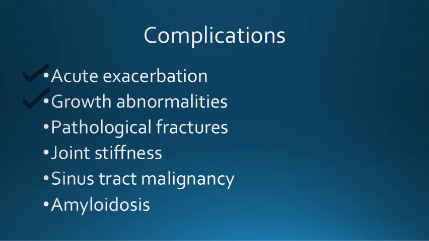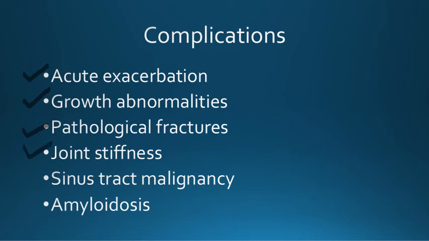The infection can spread to the growth plates and there will be growth abnormalities. There can be lengthening, shortening, rotational deformities, varus or valgus malalignment, anything can happen. There can be a pathological fracture. As the infected bone is a weak bone, the patient can have a trivial fall or can also fracture his bone while walking.